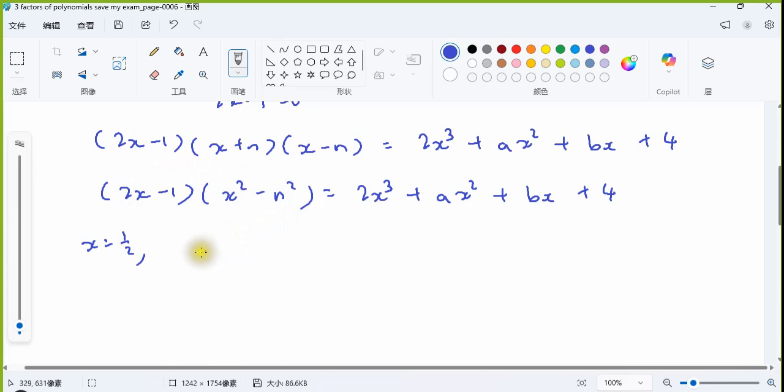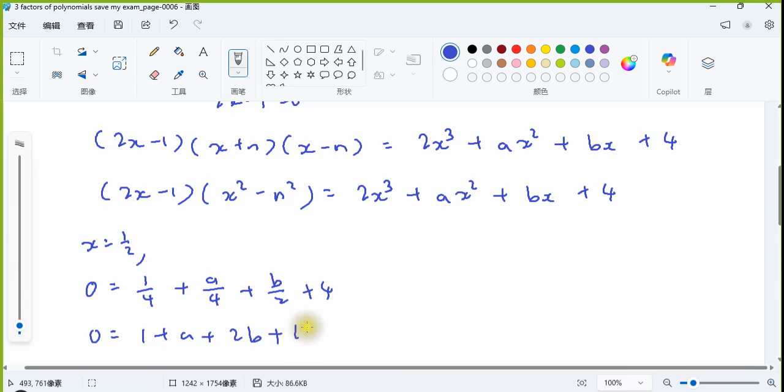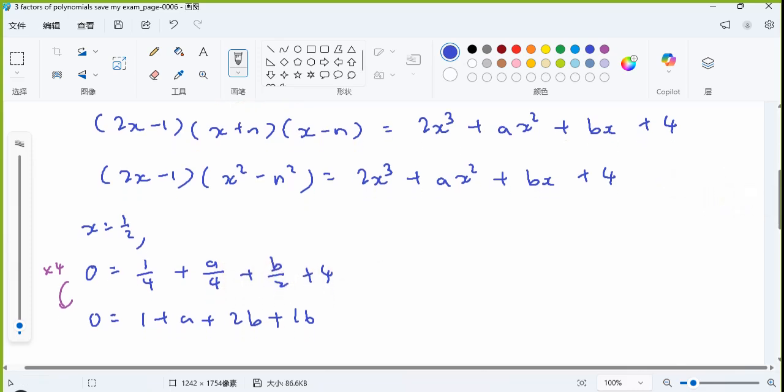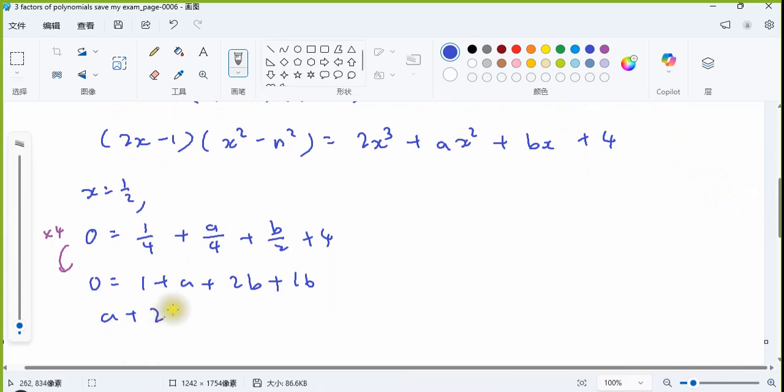So we have 0 equal to 1 over 4 plus a over 4 plus b over 2 plus 4. So we have 0 equal to 1 plus a plus 2b plus 16, all multiplied by 4. So we have a plus 2b plus 17 equal to 0.